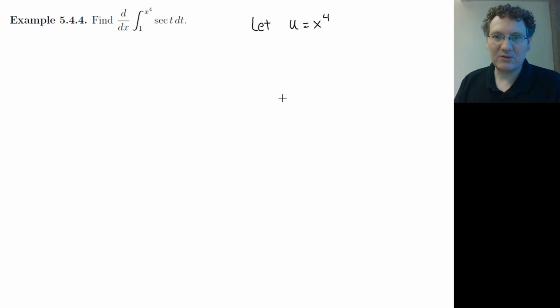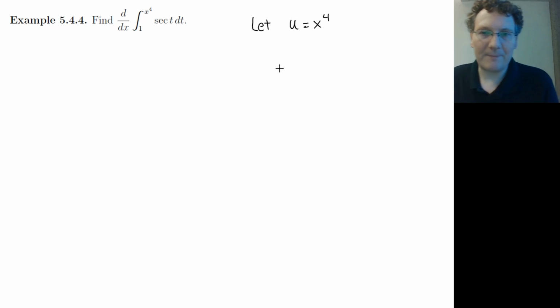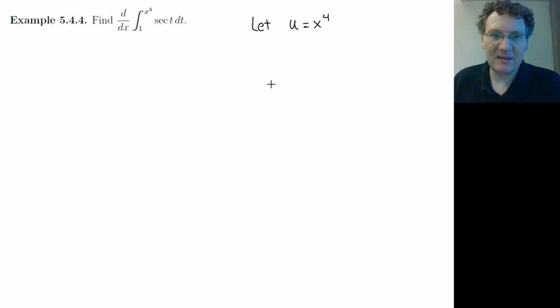And I'm going to find u. This substitution is going to give me some other little bits. Now the derivative, du dx, what's the derivative of u with respect to x?